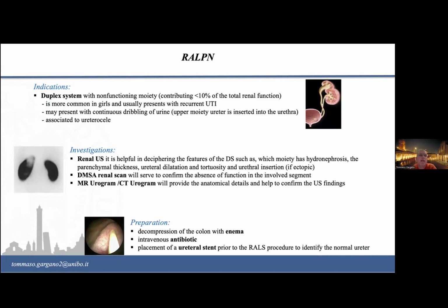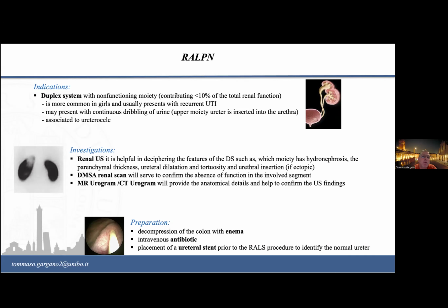This is a condition more common in girls and usually presents with recurrent urinary tract infections associated with ureterocele, and may present with continuous dribbling of urine, pseudoincontinence, when the upper moiety ureter is inserted into the urethra, for example.